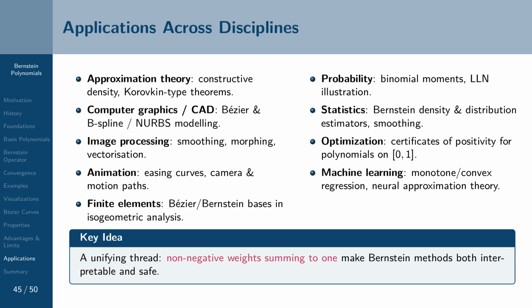In probability and statistics, binomial moments and Bernstein density estimators. In optimization, certificates of positivity on the unit interval. And in machine learning, monotone and convex regression and neural approximation theory. The unifying thread is that non-negative weights, summing to 1, make the methods both interpretable and safe.